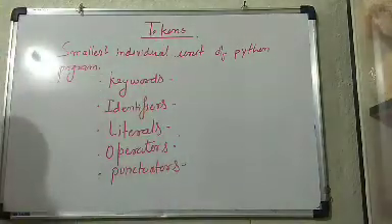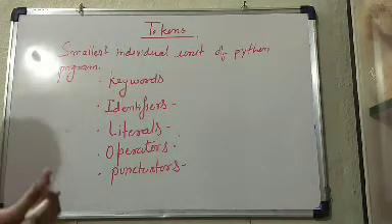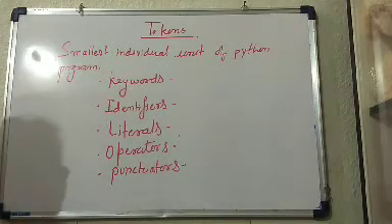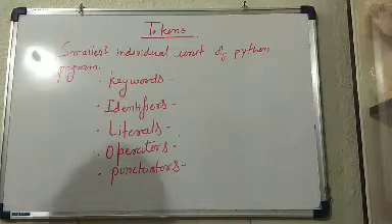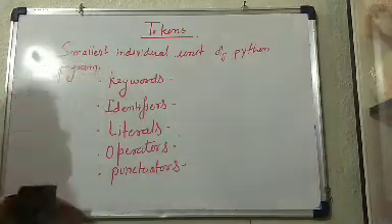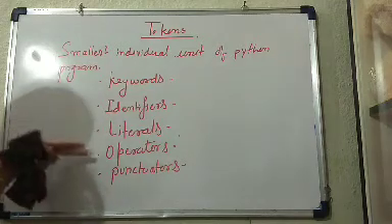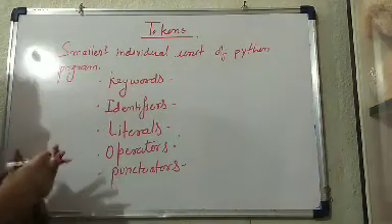Now, how easy it is. Only 5 tokens are there. It means the collection of words which you will use in the programming language will come under one of these 5 tokens: keyword, identifier, literal, operator and punctuator. So you have to just keep these words at your fingertips.